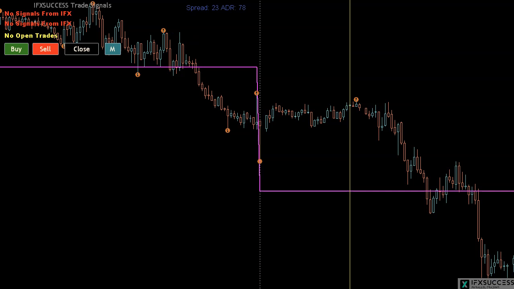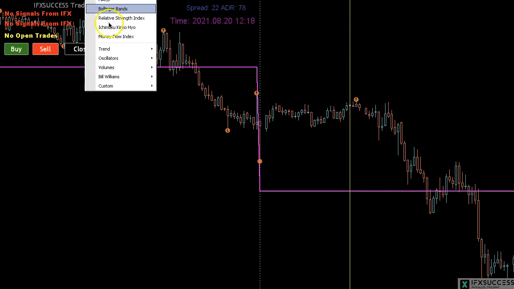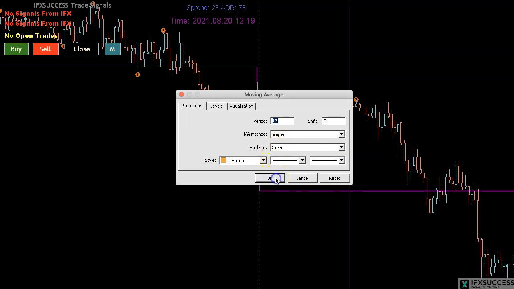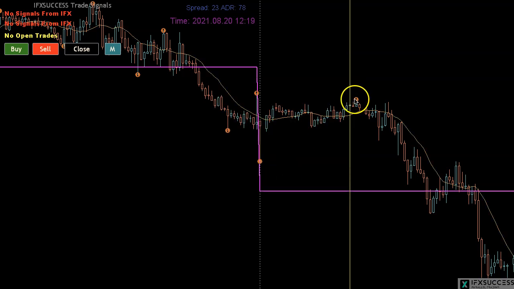So if I put in here the MA, what it needs to do is give me an entry if it closes below, well, maybe it would not have given it to me. Maybe it would have given me that entry if it closes below the moving average, and then this would have been the trade right over here on pound Swiss. So you can plan ahead on the same time frame.